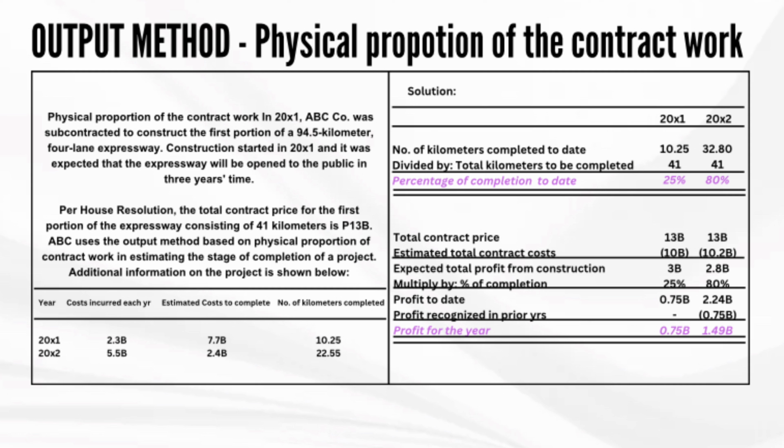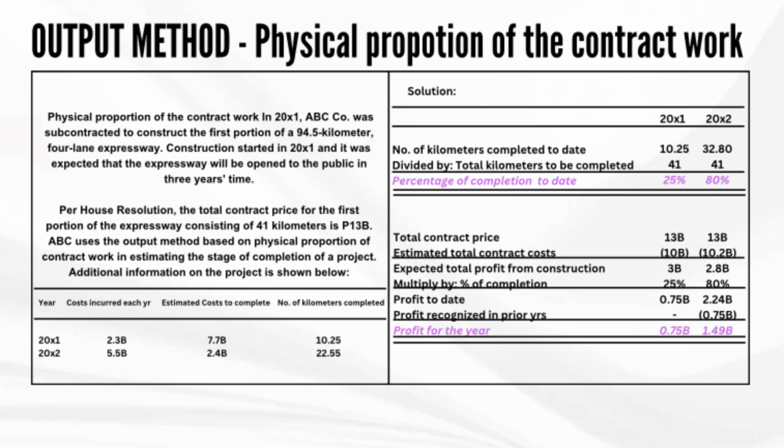So for 20X1, the expected total profit from construction is 3 billion because 13 billion less 10 billion is 3 billion. Multiply by 25%, that will give you 0.75 billion. It does not have profit recognized in prior years. Therefore, the profit for the year 20X1 is 0.75 billion.